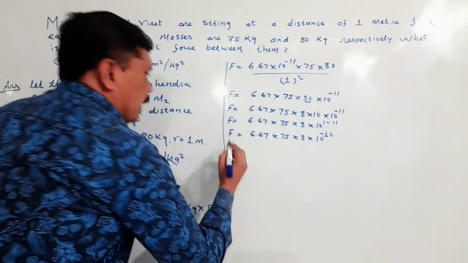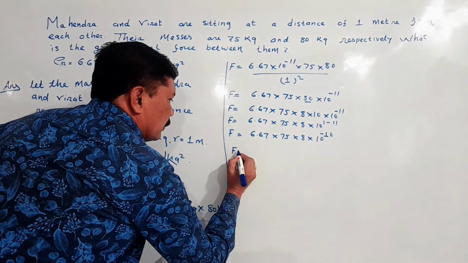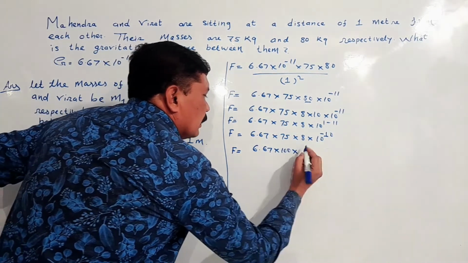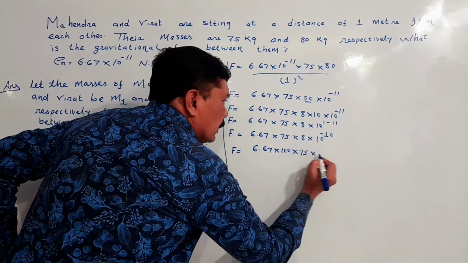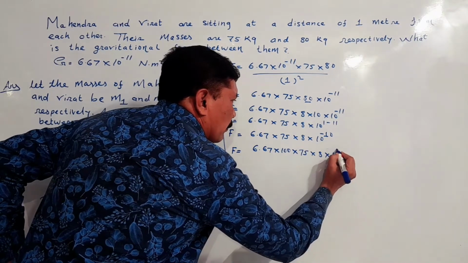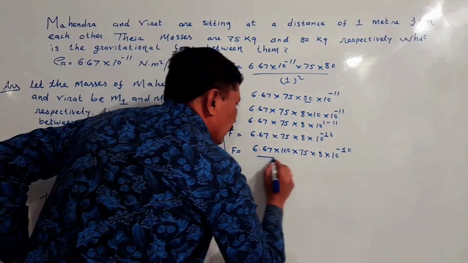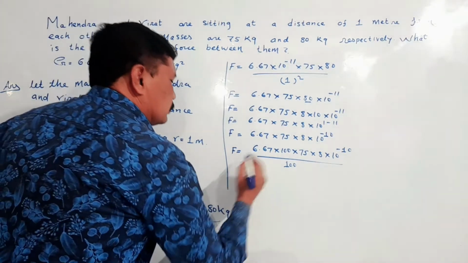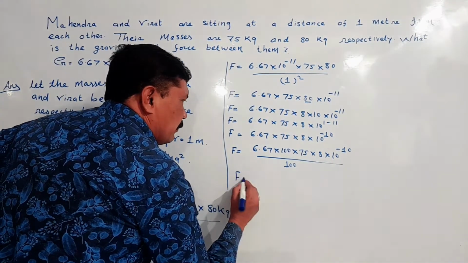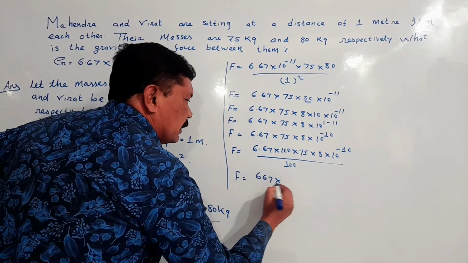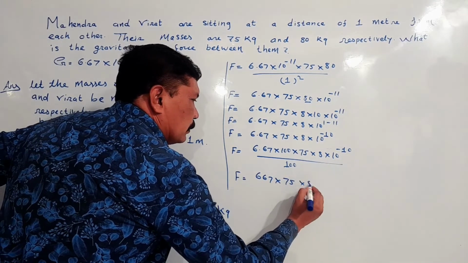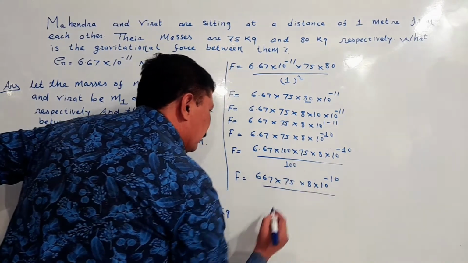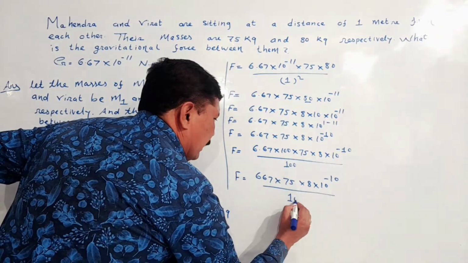My dear student, here we have to remove the decimal point. F is equal to 6.67 into 100 into 75 into 8 into 10 to the power minus 10 upon 100. By doing so, my dear student, the point is removed. So here we can write F is equal to 667 into 75 into 8 into 10 to the power minus 10, and 100, which is at the denominator, we can write 10 square.